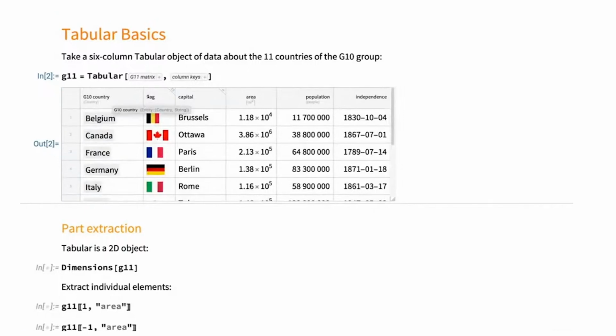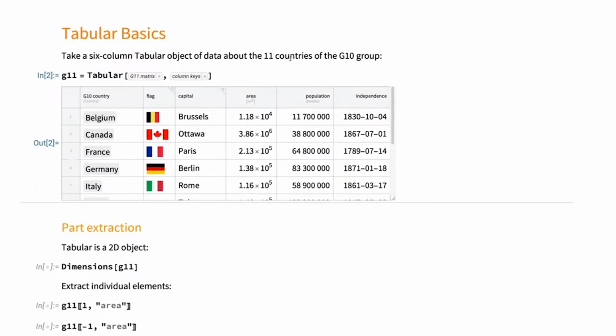This is a column of entities. This is a column of expressions, which are these images. This is a column of strings, a column of quantities, with magnitudes being reals and the units being square miles. So this is population, and these are dates, the date of independence of each of these countries.